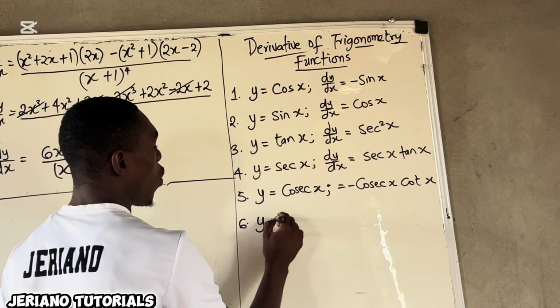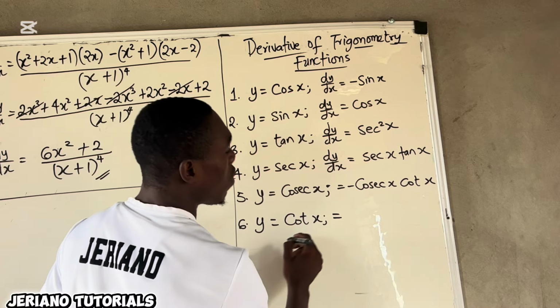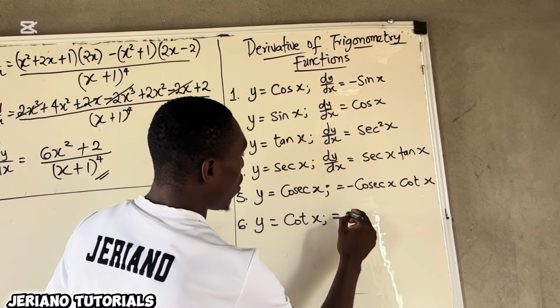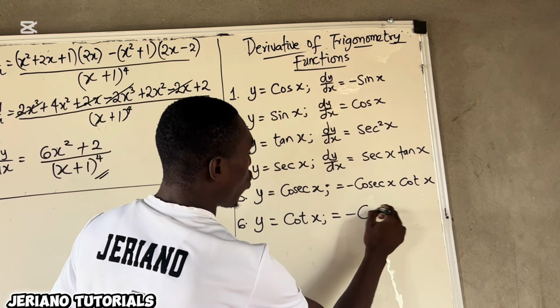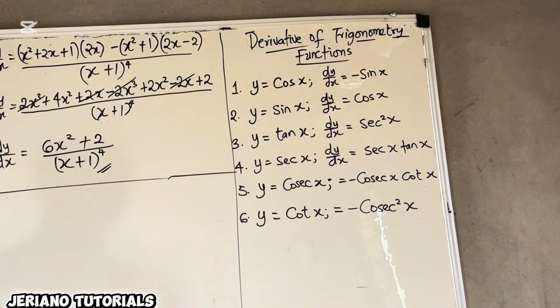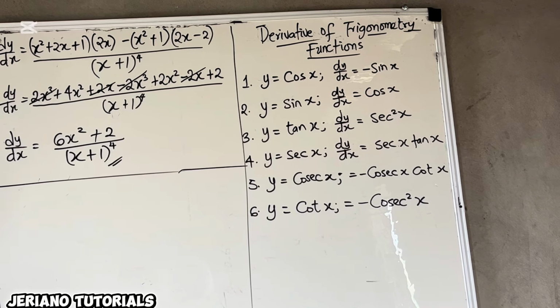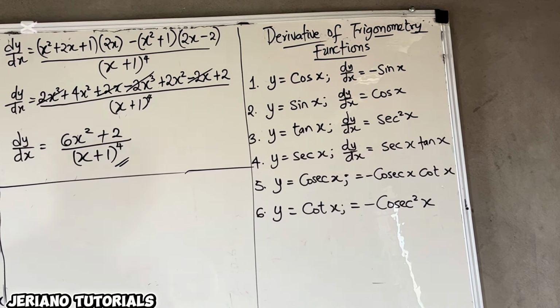And then the sixth one, where y is equated to cot x, its derivative is minus cosec square x. Okay, now these are the derivatives of all 6 ratios of trigonometric functions.